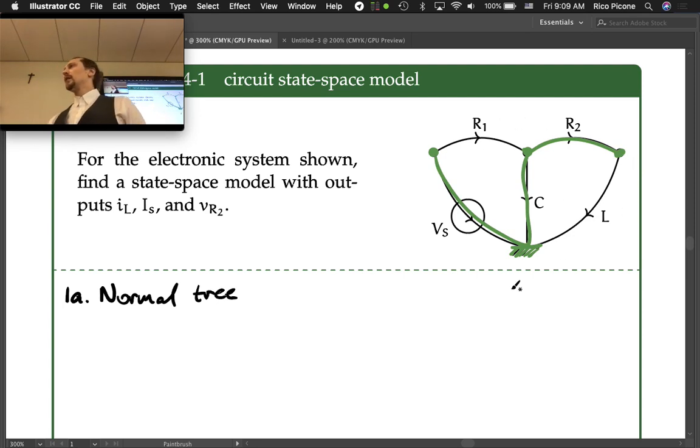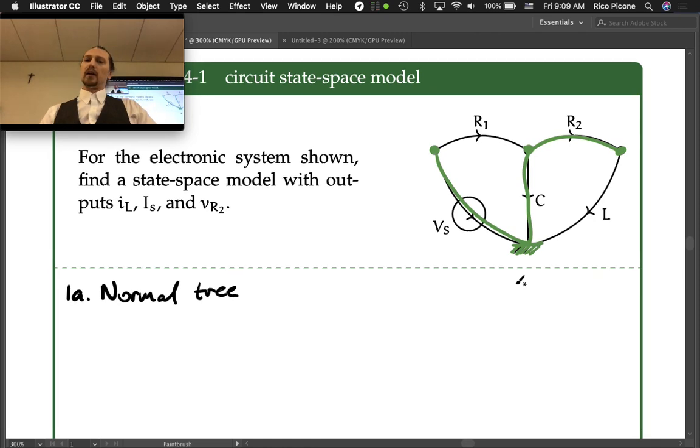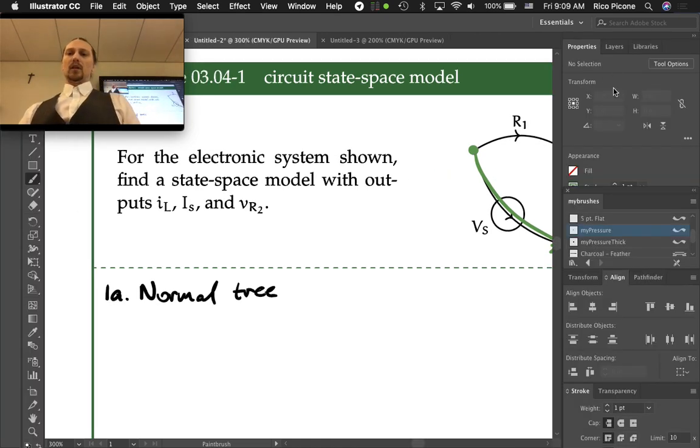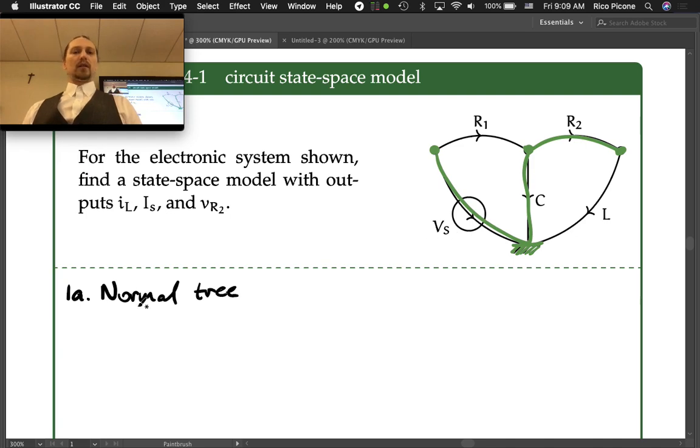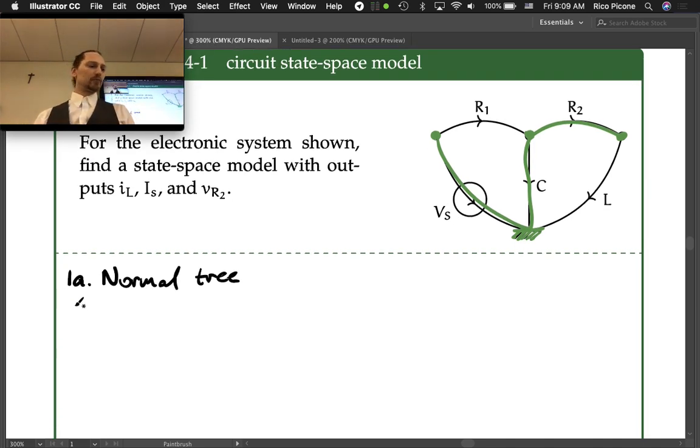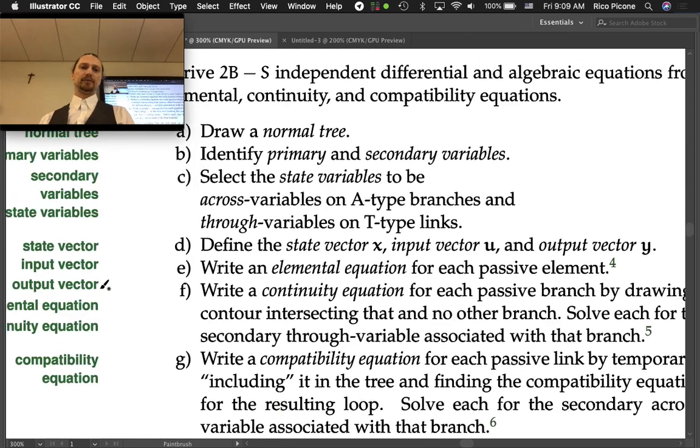So there are no more edges we can include into our normal tree for this graph. Cool. So switch back to black here. So there's our normal tree. Good. So the next step.